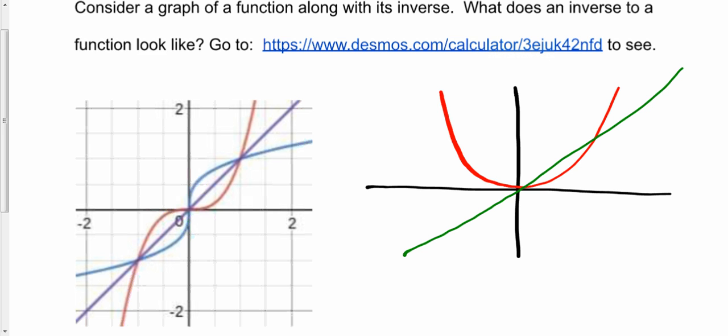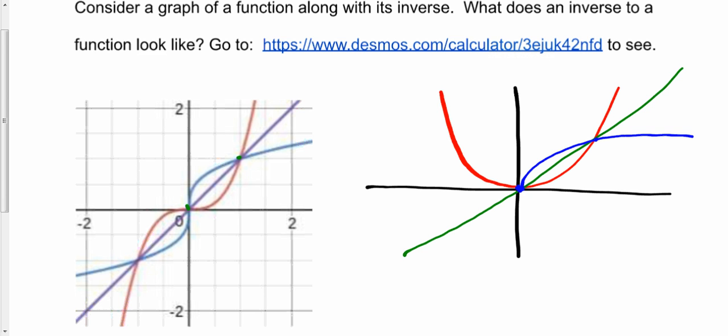If it was an inverse, see how these guys cross at the same place? 1, 1, at 0, 0, and negative 1, right? They cross at those points. So, look at this. My inverse function would cross at 0, 0, cross at 1, 1, right? And it would do this. It just reflects about that line.